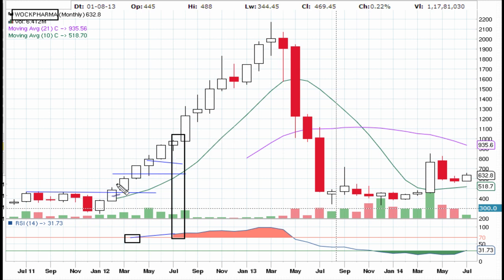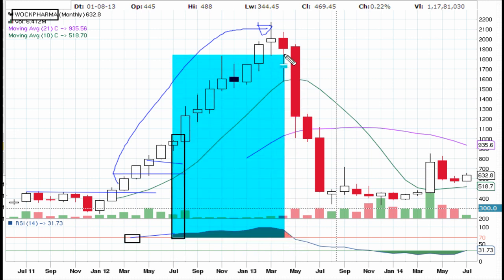All in all, the stock eventually would move from 500, 600 all the way to 2,200 because the RSI has remained above 69.10.